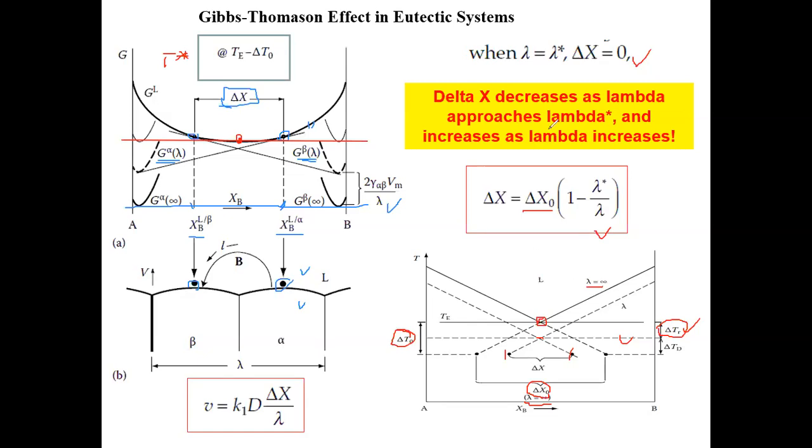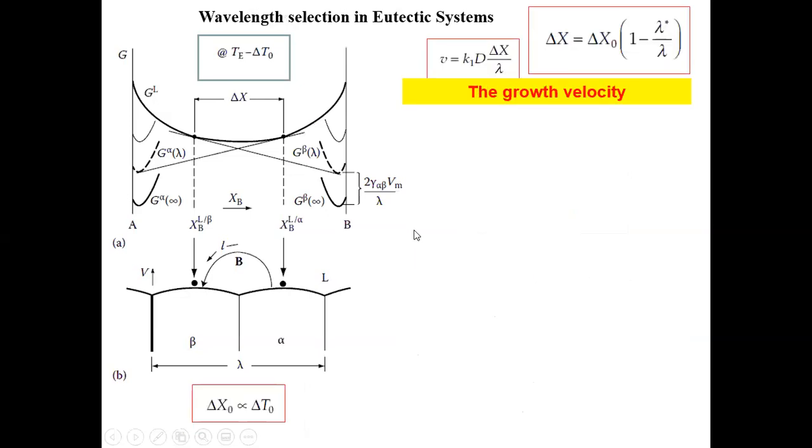Now what is the purpose of getting this? If we know the dependence of delta X on lambda, and we plug this back into our original expression for V, we get some very interesting results. I'm combining these two together. There are some constants which I changed a little bit to absorb proportionality constants.